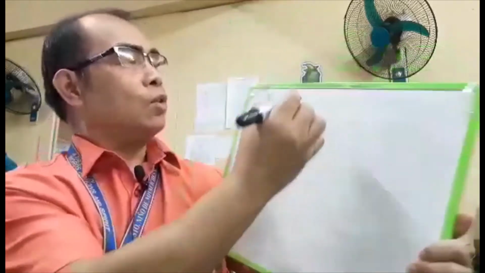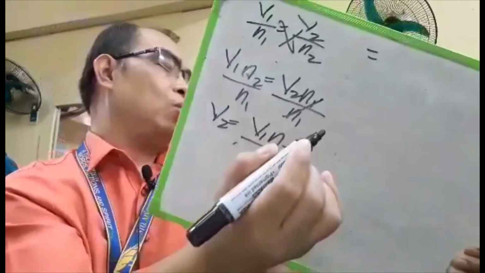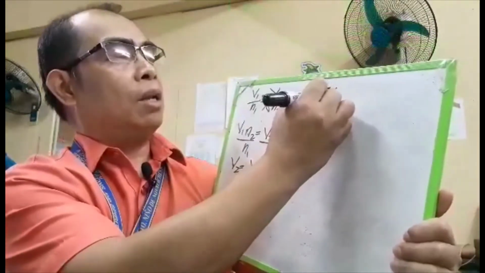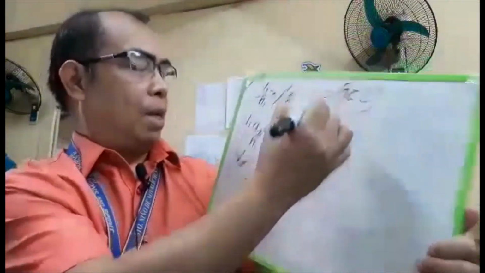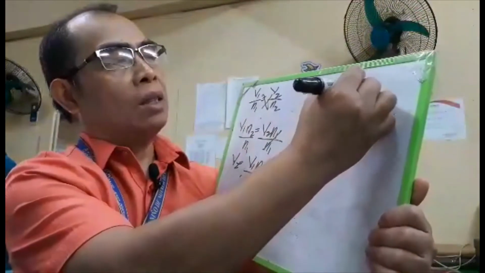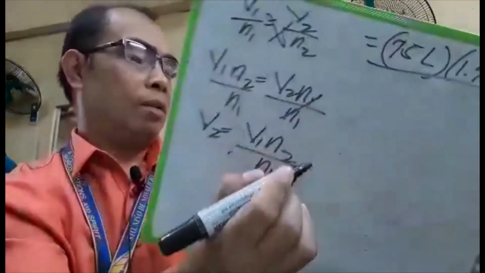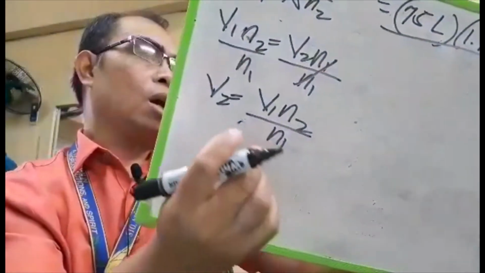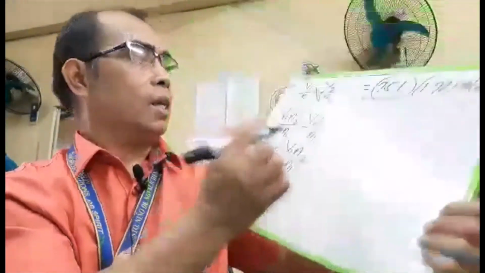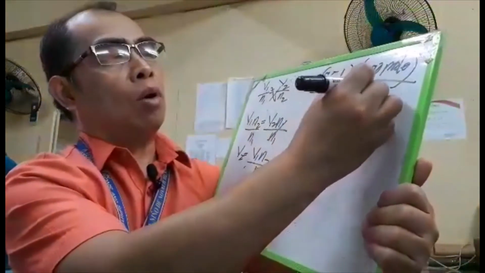Substitute po natin. So we have here V1 is 75 liters multiplied by our N2, which is 1.7 mole, over our N1 is 1.07 mole.